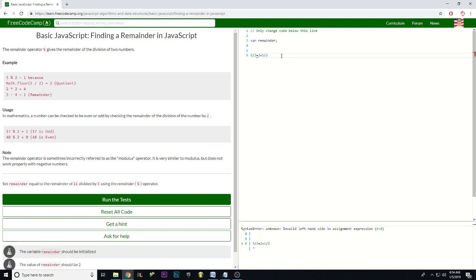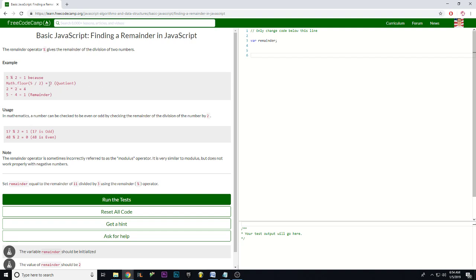So it's going to be 2 with a remainder of 1. The remainder gives you what remains after you can't get any more complete 2's out of it. Because you take away 1 two, you have 3. Take away a second 2, you have 1. Take away a third 2, you can't do that because the number is less than 2. So you return that number. That's what this operator does.